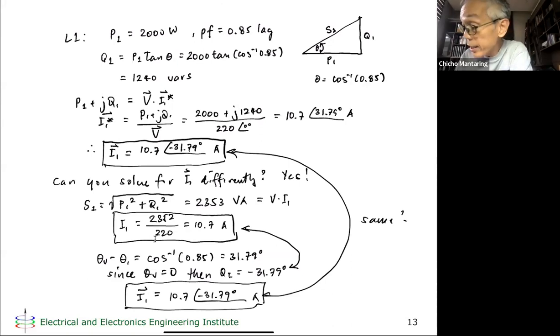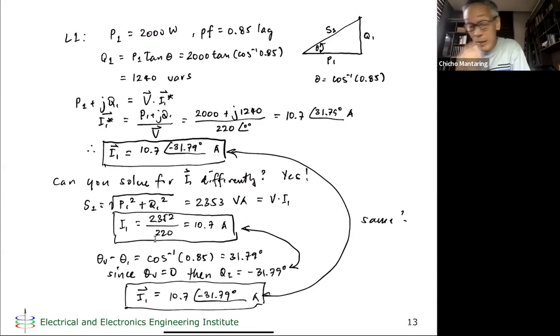In this particular case, I did not use any complex calculation. I just solved for S1, which is the square root of P1 squared plus Q1 squared. From that, I could compute I1. If I wanted the phasor value of I1, I just have to compute for my angle, and I can do that using this triangle. So that's L1.